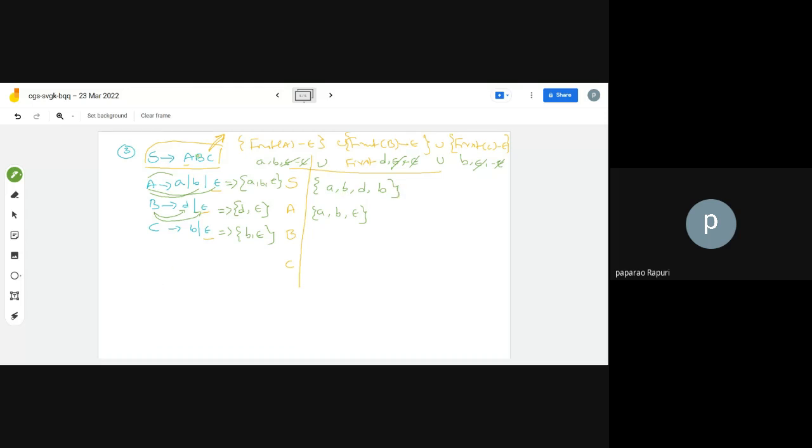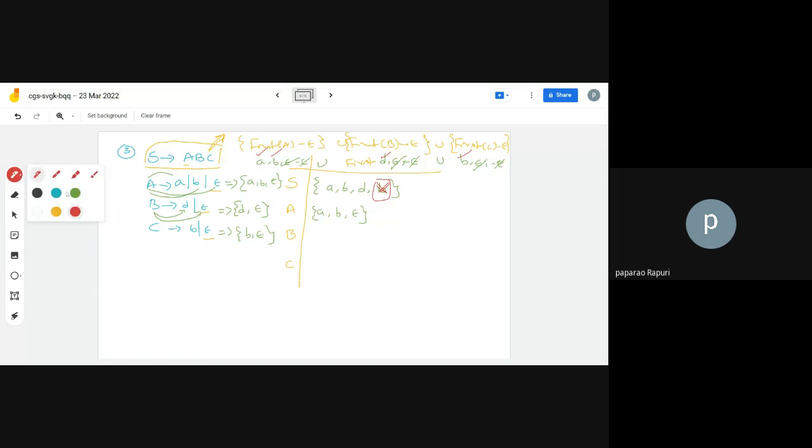So already I mentioned set means unique symbols. No need to write the same symbol multiple number of times, even though here A, B, D and B exist. B is sufficient. So for that purpose, the set is a, b, d.